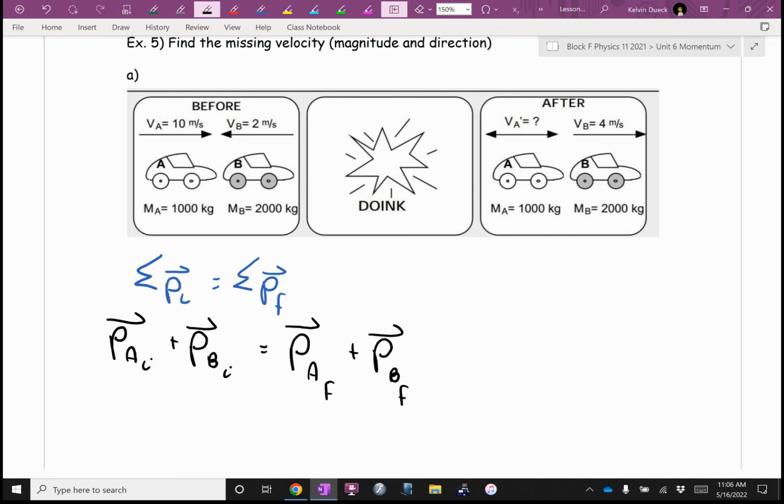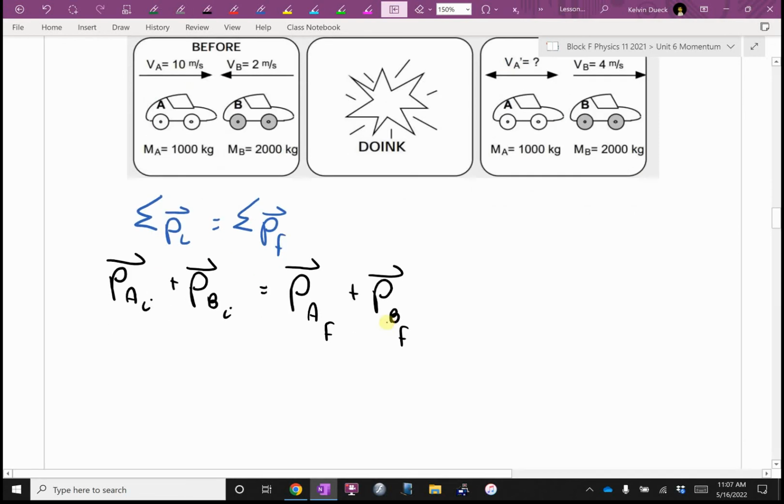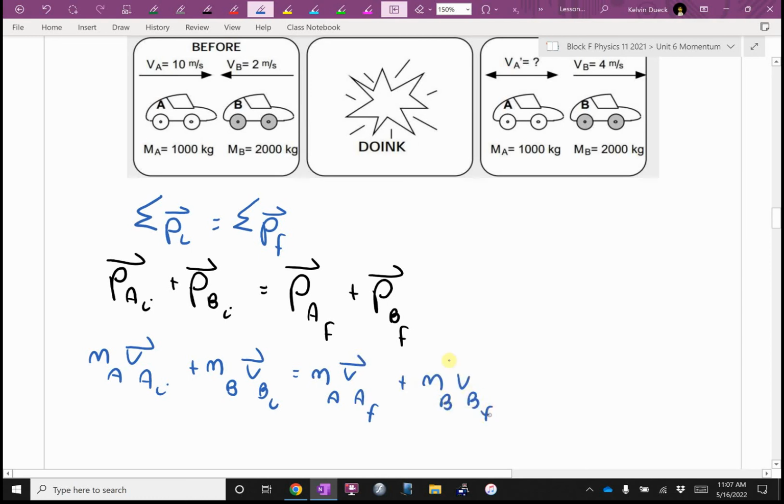Fahim, momentum is what times what? So the next thing I would write is mass A, velocity A initial, plus mass B, velocity B initial. Wham, they collide. Mass A, velocity A final, plus mass B, velocity B final.